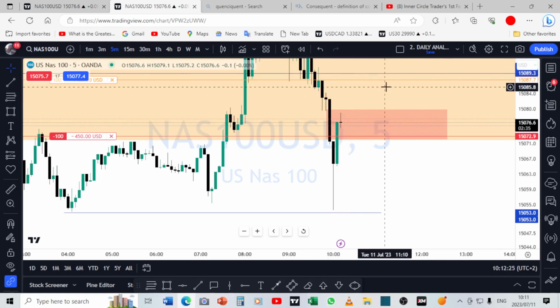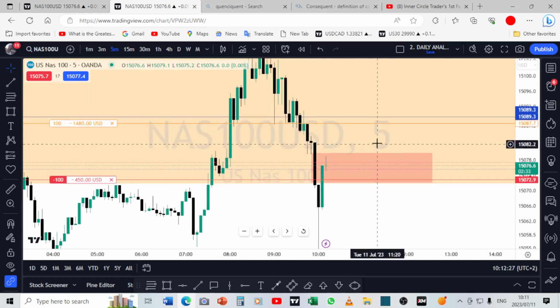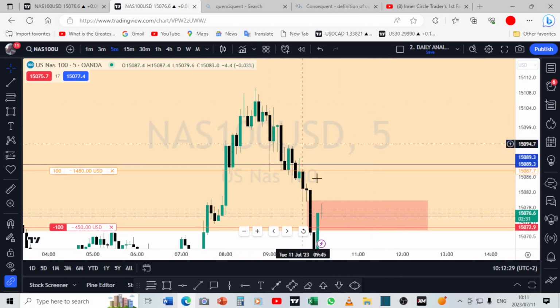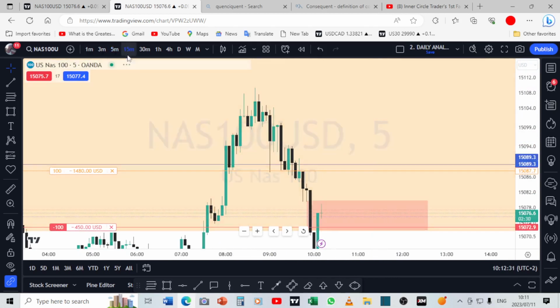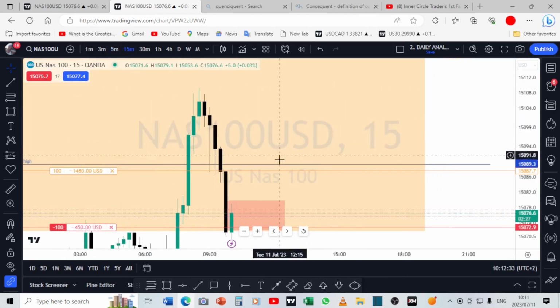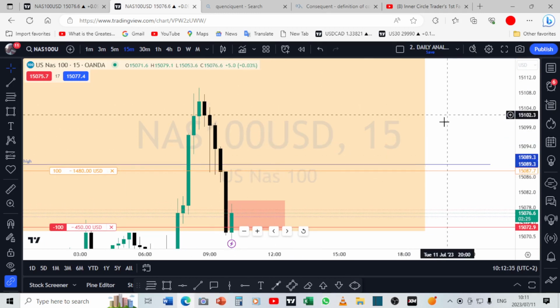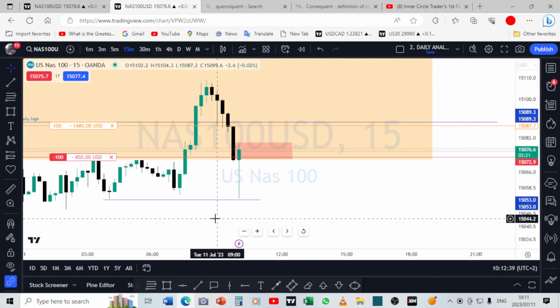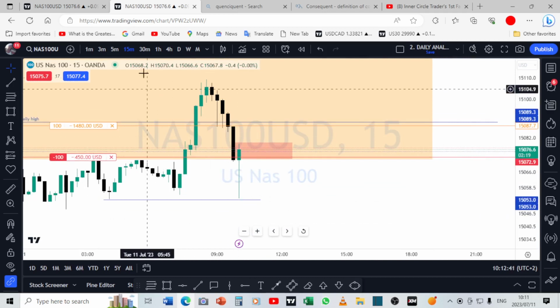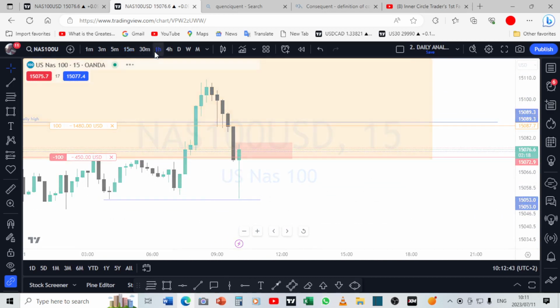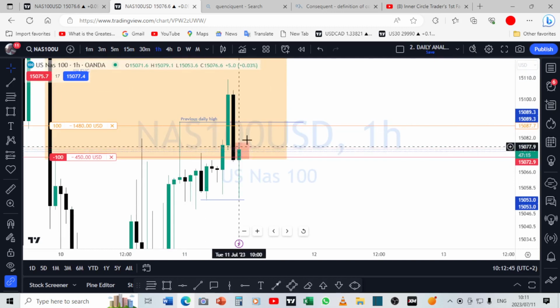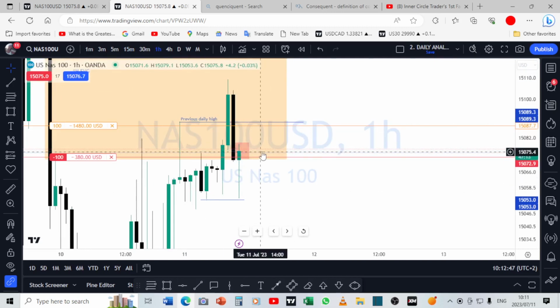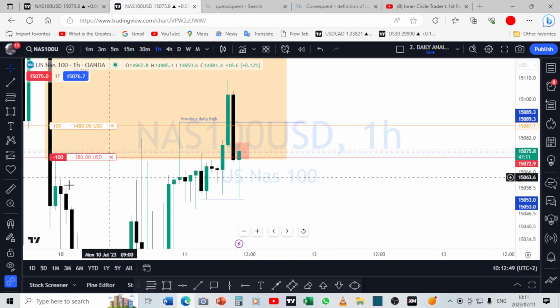So if price can go above this, that means I'm wrong, because I just see price being balanced everywhere here. You see 5 minutes, everything is balanced. What else? 15 minutes, everything is balanced. Okay, and hourly, we have a potential order block right here.